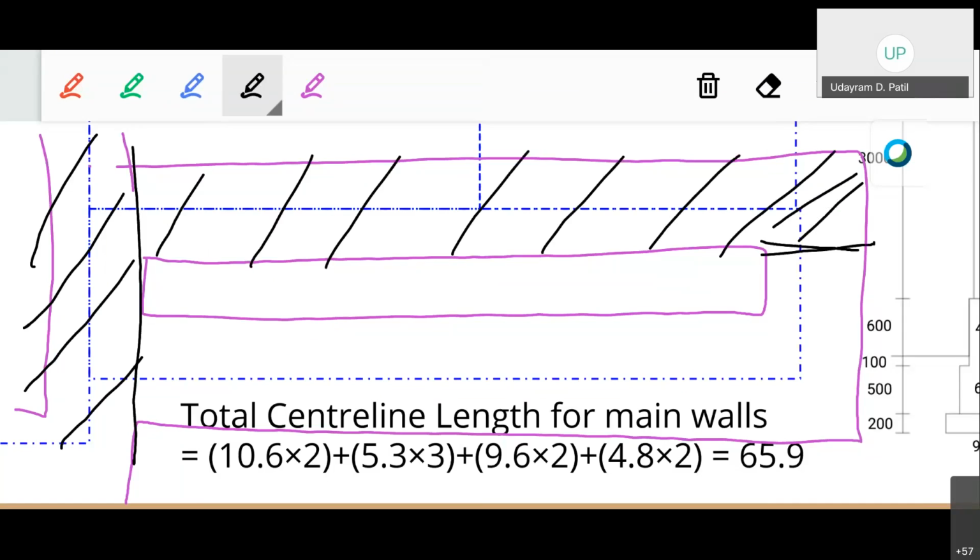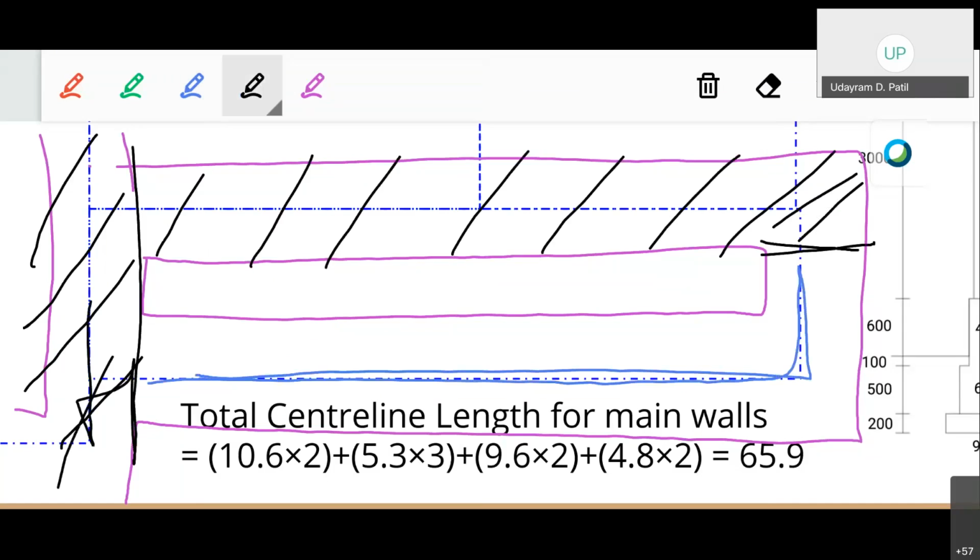So while calculating the net center line length for this 0.2 wall, we are going to deduct half the width of the particular earthwork. So you have to deduct the half width here, as well as the half width of this particular item. The half width of the main wall's earthwork has to be subtracted on both sides, so that we will get the net center line length.